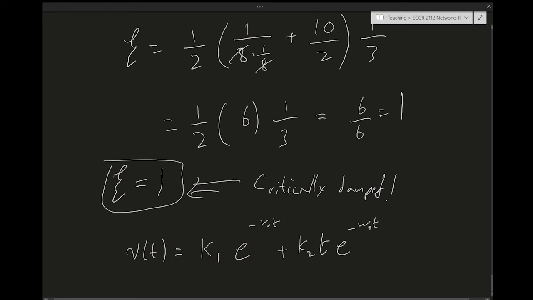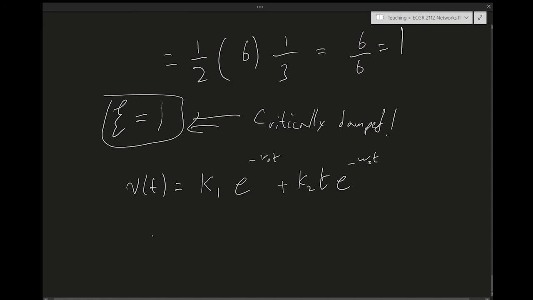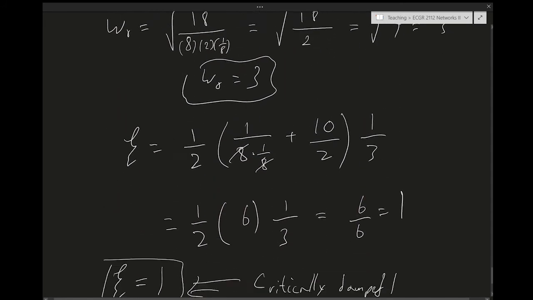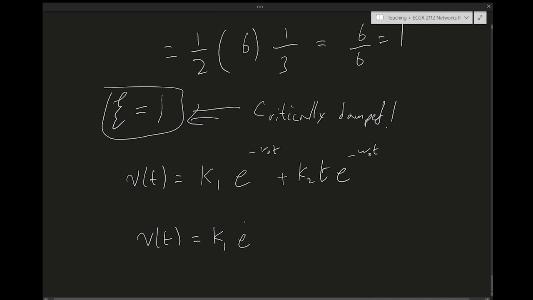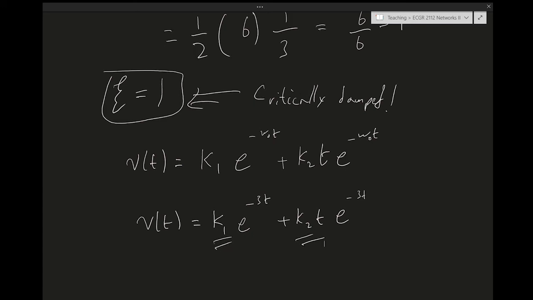This is the form that we discovered, right? So v of t equals K1 e to the minus 3t plus K2 t e to the minus 3t, since omega naught is 3. Now it's a matter of using the initial conditions to find the constants K1 and K2.